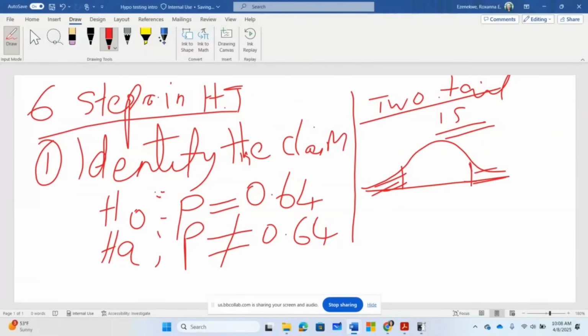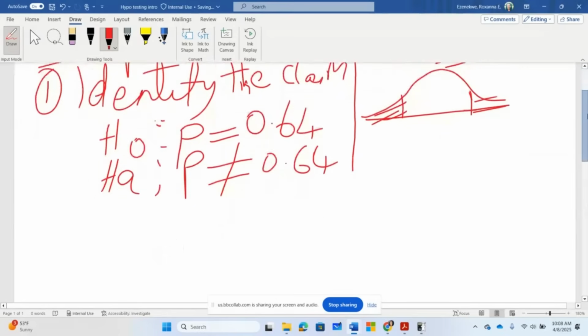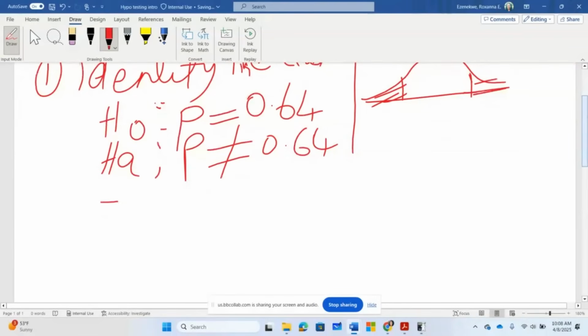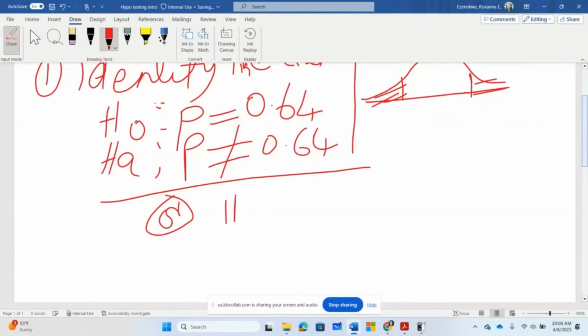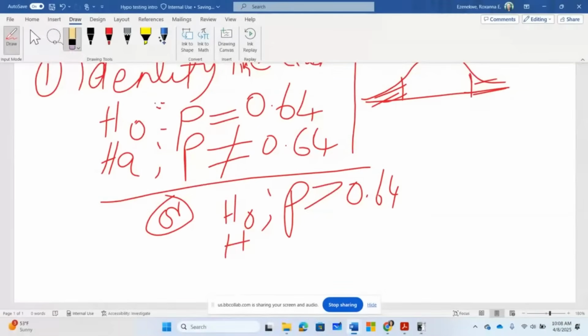Okay, well, suppose the claim says, let me see. Or suppose the claim says H0 mu is greater than 64, then the alternative, by the way, I want to make sure I take this off.